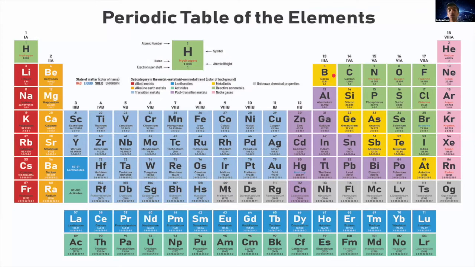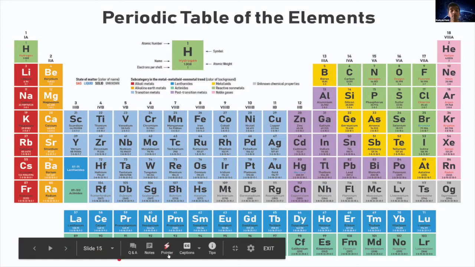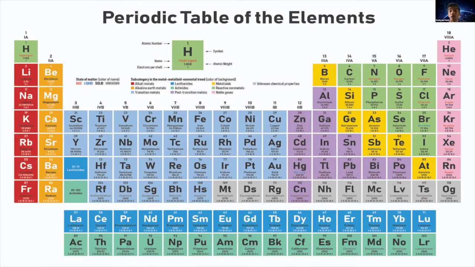So can anyone tell me, if we take a mole of carbon, how much carbon in grams will we end up with? If anyone has any questions, they can ask me, or say it in the chat.